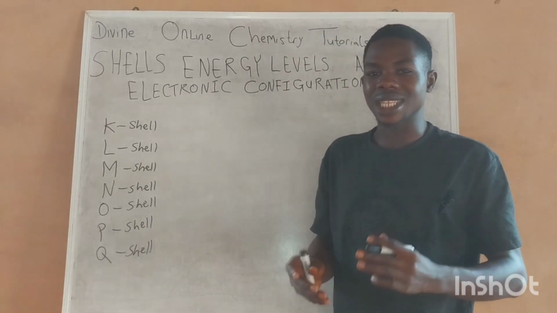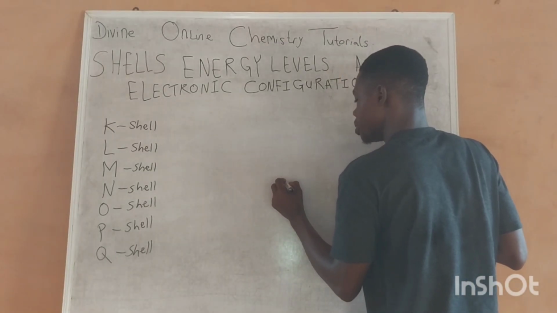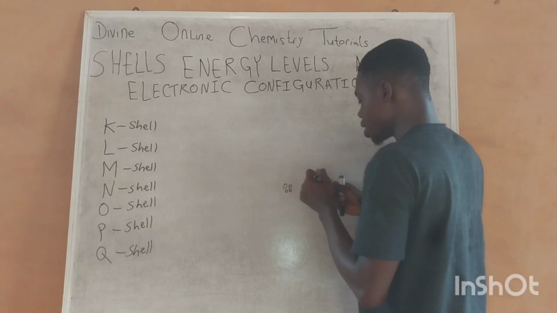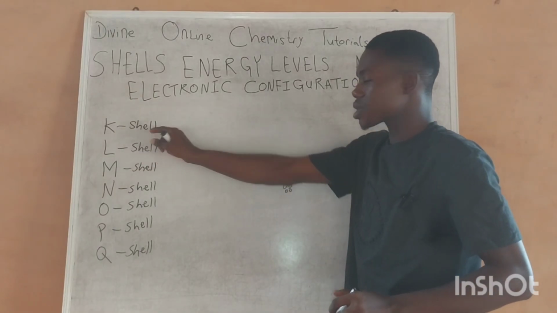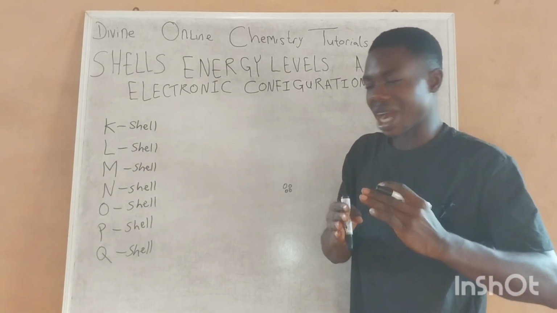And please take note that they can be represented diagrammatically like this, where we have the nucleus. The K shell is the first shell and the one closer to the nucleus of an atom.